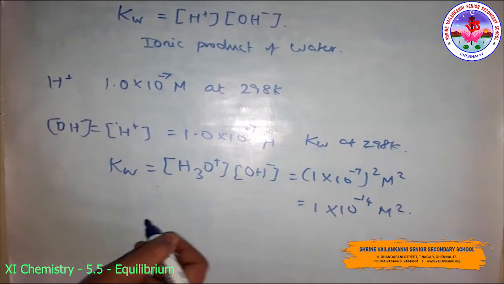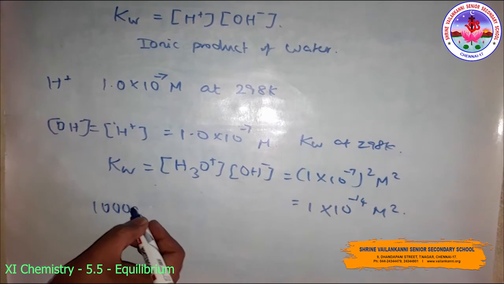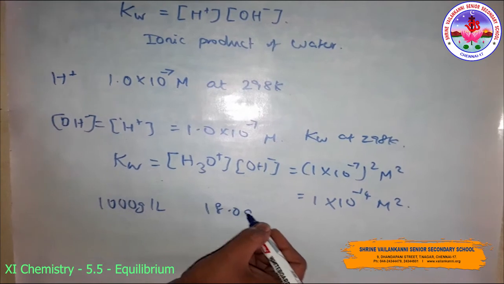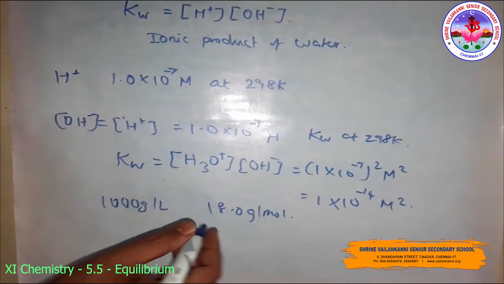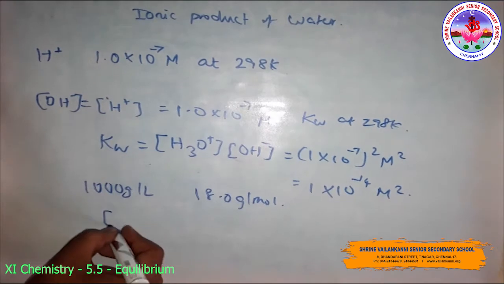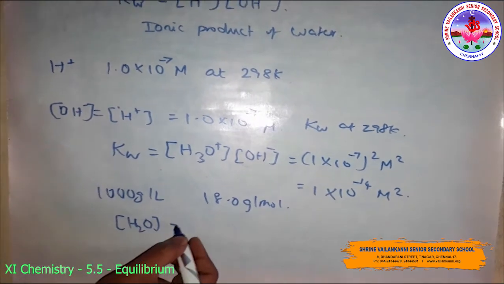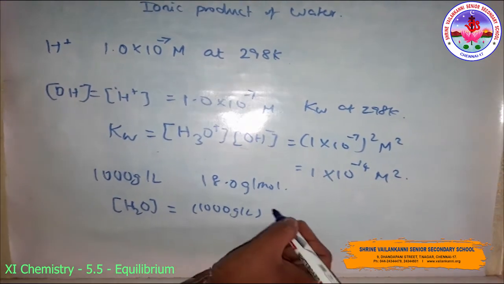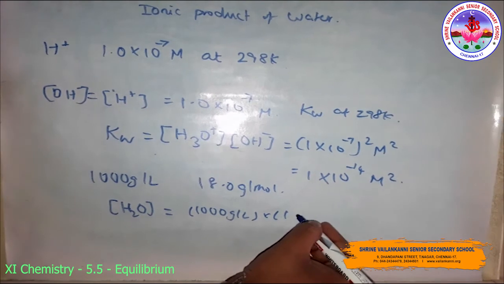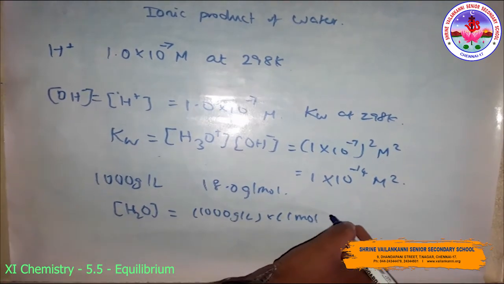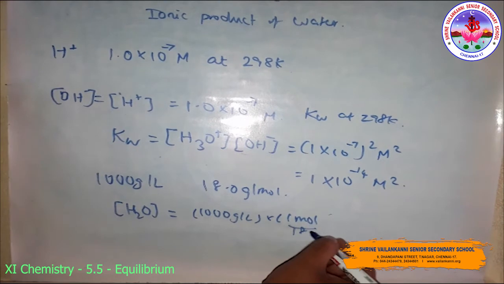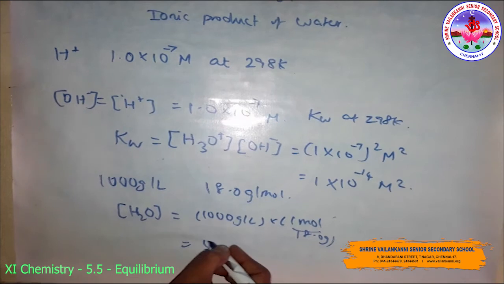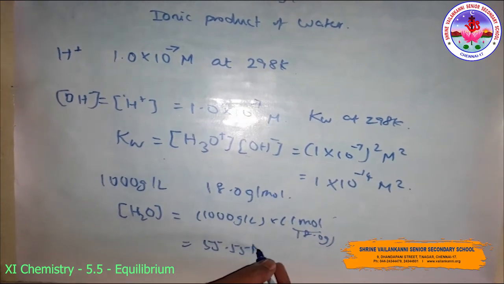The density of pure water is 1000 gram per liter and its molar mass is 18 gram per mole. So the molarity of pure water can be written as the concentration of H2O equal to 1000 gram per liter into 1 mole divided by 18 gram, which becomes 55.55 molar.